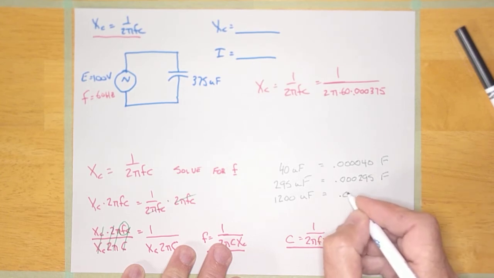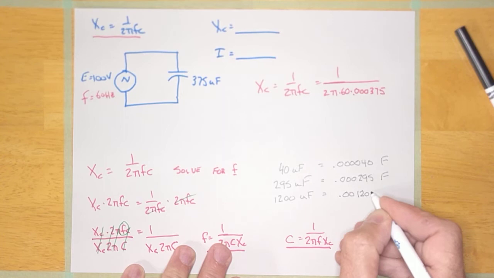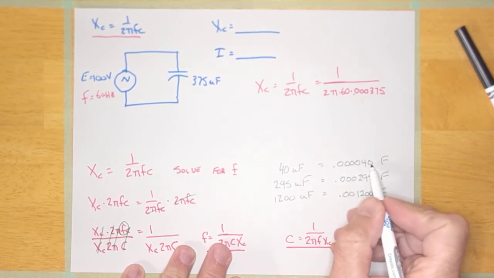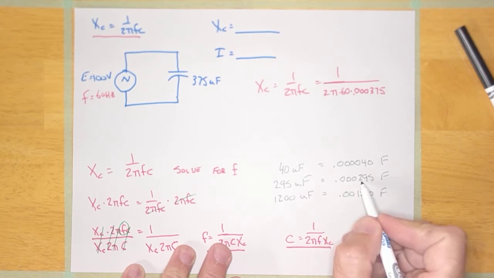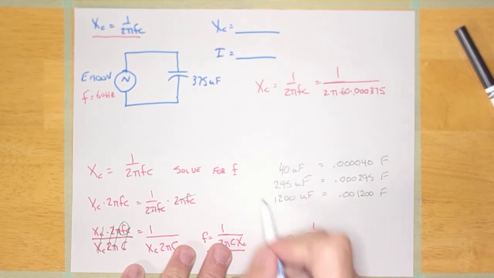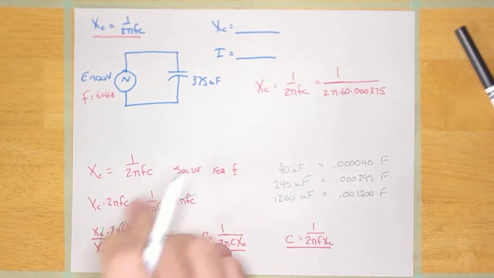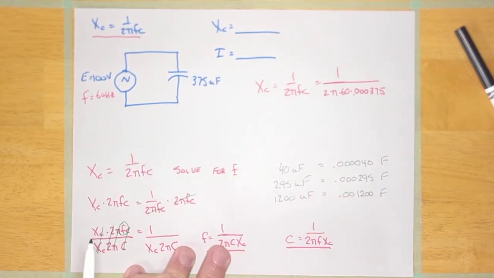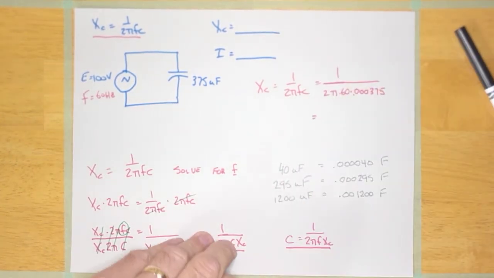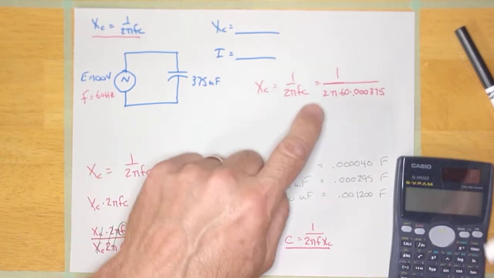Because then you won't screw up, and I don't want you to screw up. Notice I added 4 zeros because there were 2 digits, 3 zeros because there were 3, and 2 zeros because there were already 4. So a little tip on helping you convert from microfarads to farads, no matter what the number looks like.